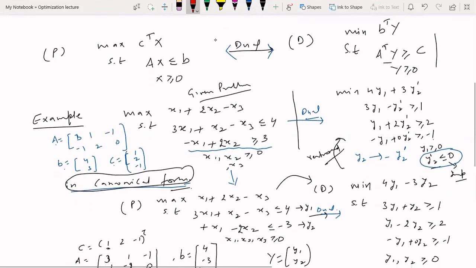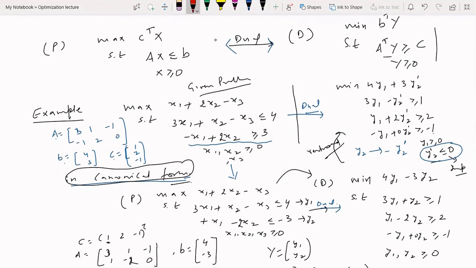Okay, so at one point, the story is finished over this dual. But since here we have noticed that the coefficients of the original matrices are changed, in order to restore those coefficients, what I did, I changed one of my variables to the negative of the variable, which restored my coefficients. Okay, so what was the net effect in that was my variable is less than or equal to type.